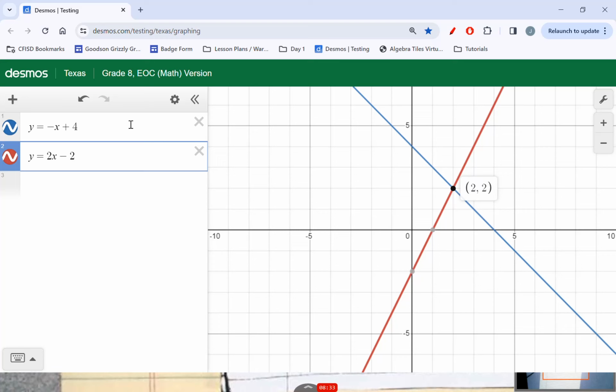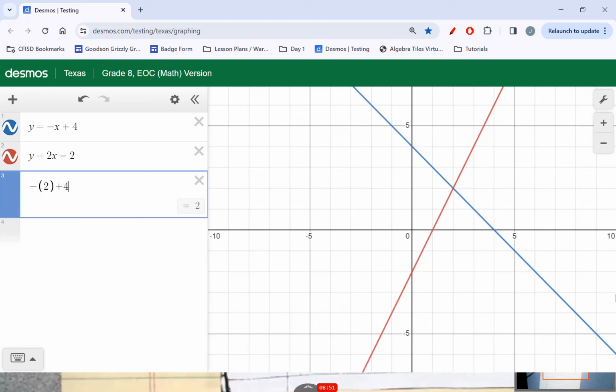Another way that you might end up seeing questions ask you to identify your solution. Remember that the whole point of this is that we're trying to see when the y value is the same when you plug in the same x value.